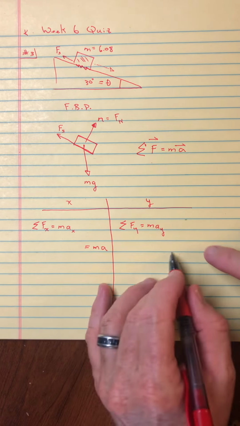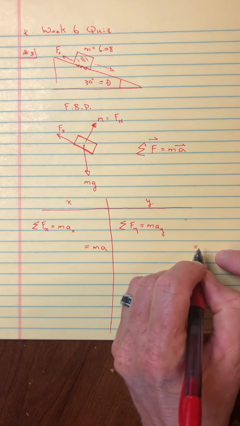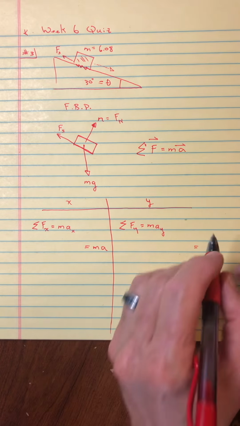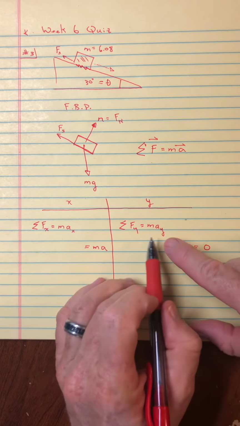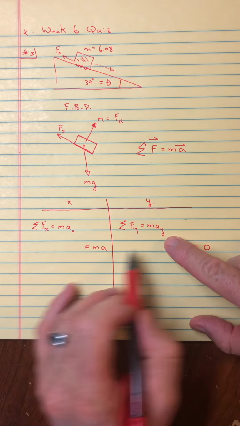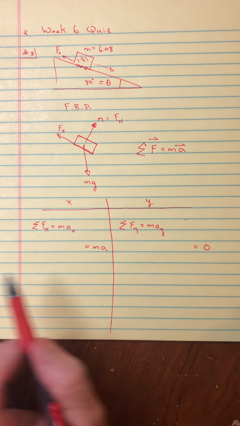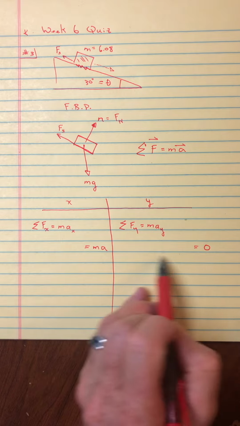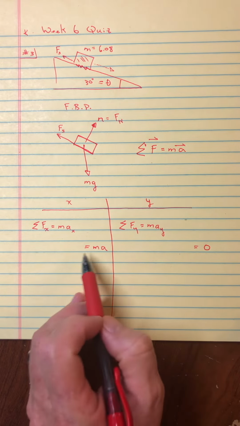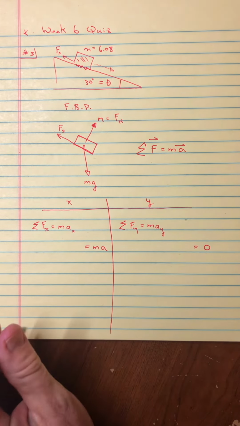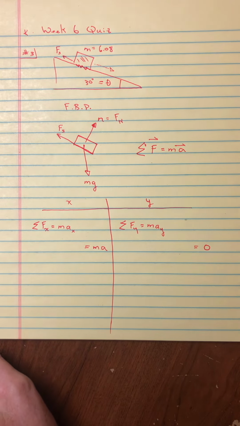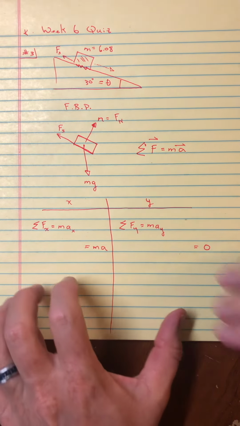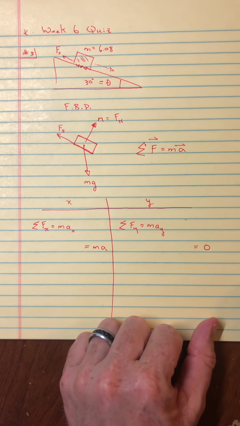But the real benefit comes on this equation, where this would be 0, because all the acceleration is in x, meaning none is in the y. Having this equation equal to 0 usually makes it much easier. Like I said, you don't have to do this, but if you do, I think you'll end up with easier equations. So that's my recommendation.